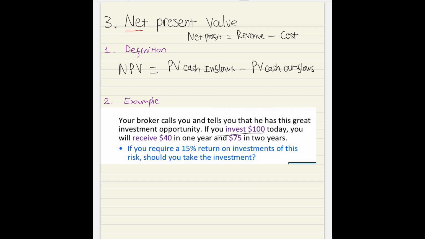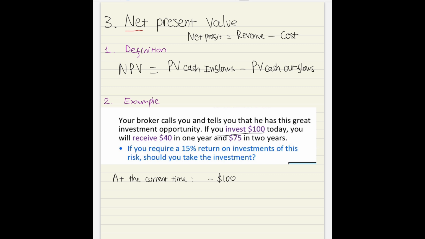So at the current time, you make a minus $100 because you spend $100 on something. You hope that it will make a return in the future.